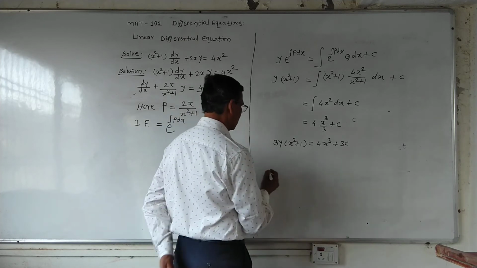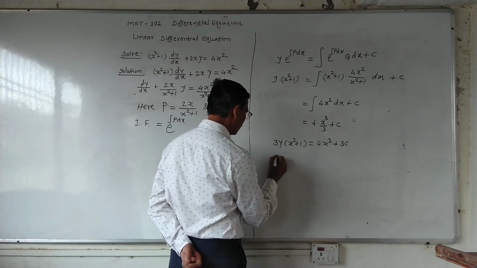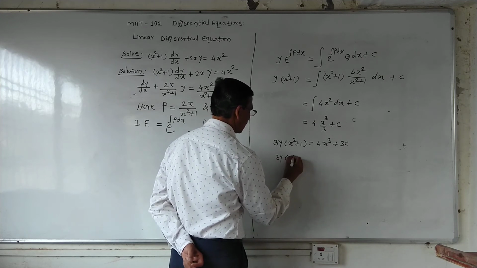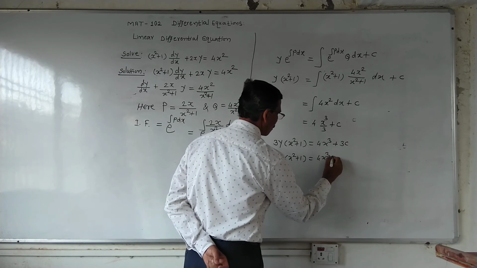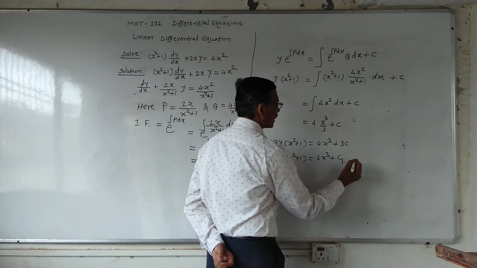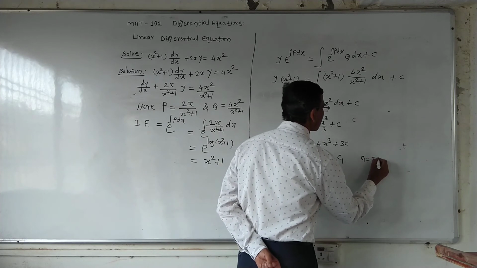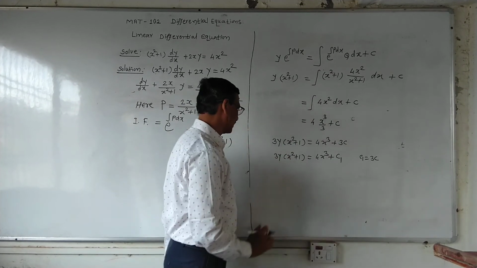Or you can keep this other form of the solution also: 3y times x square plus 1 is equal to 4x cube plus c1. Here c1 means 3c. 3c is a constant which is denoted by a new constant c1.